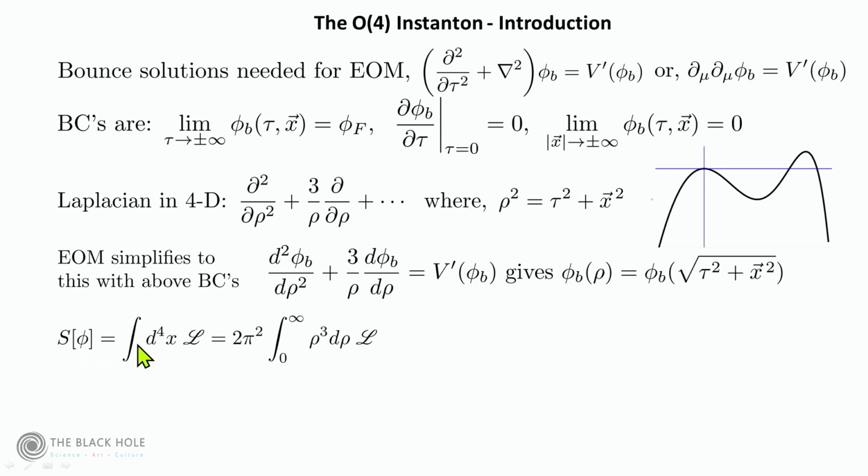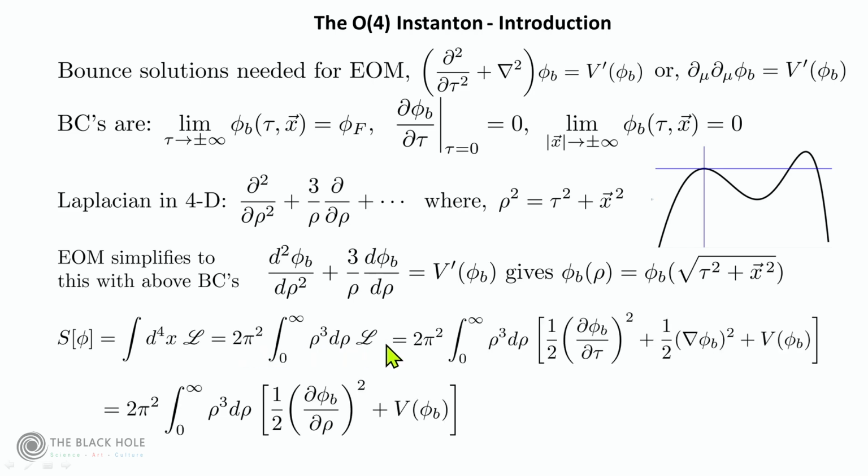So the action is the 4-dimensional integration over the Lagrangian. But you see, now this d4x in 4 dimensions, when there's spherical symmetry, is 2 pi squared rho cubed d rho. In 3 dimensions, it's 4 pi r squared dr. So it just directly follows from that.